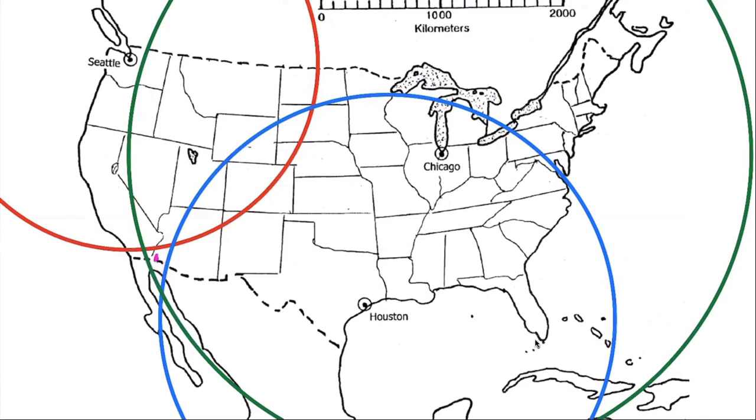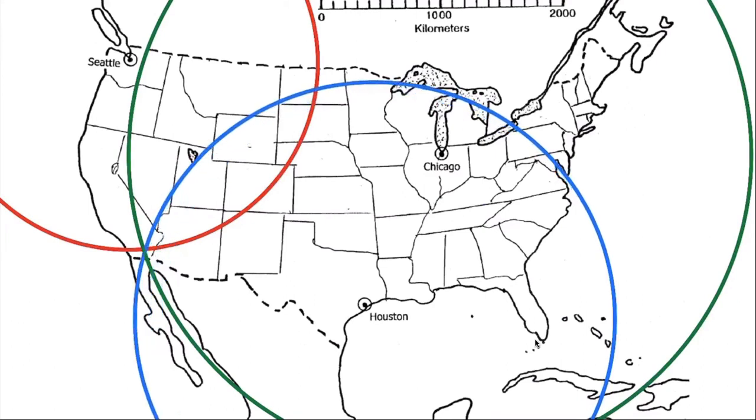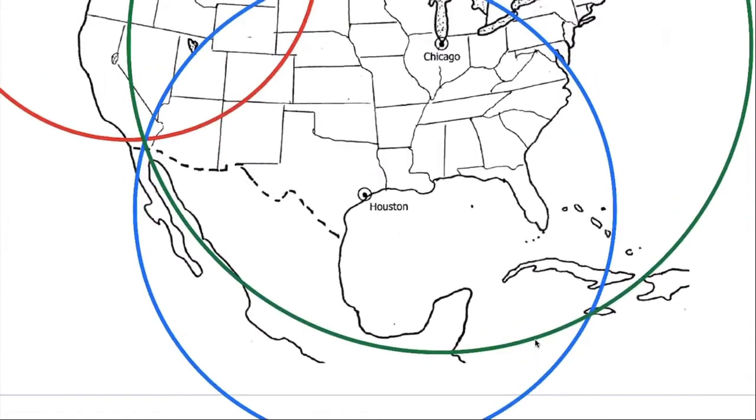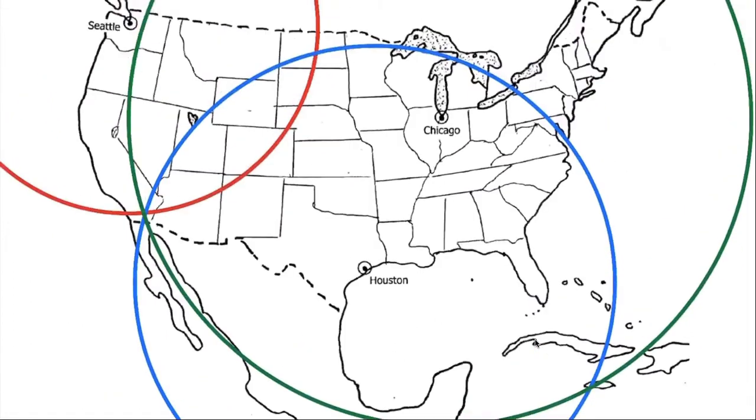So again, perfection is sometimes a little bit difficult to come by in these things, and that's okay. But in a perfect world, if I had done this perfectly around Houston, we should get a circle that's something like that, and that way you have an actual bullseye. So there it is. That's how you locate this epicenter.